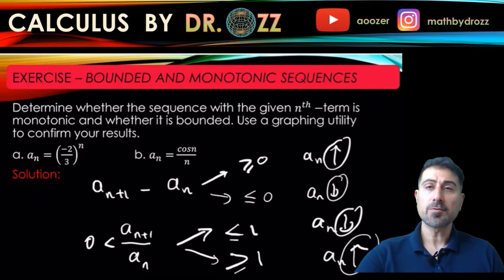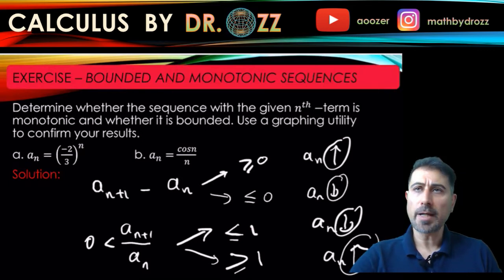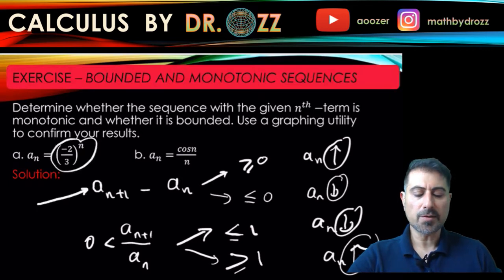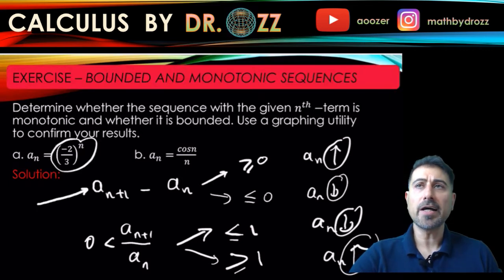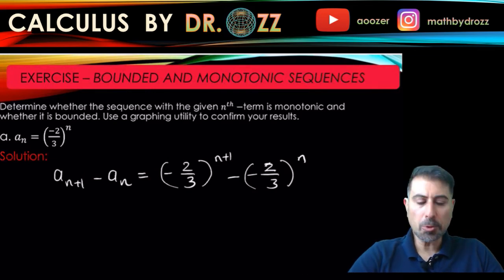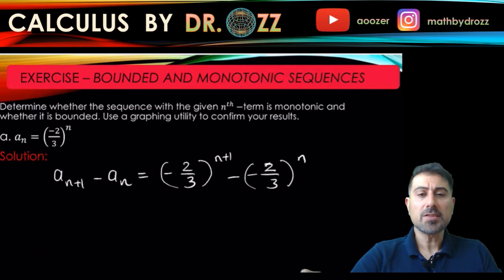So going back to this question, let's check which one is more applicable. I think this one is more applicable for this one because this one takes positive and negative values. So let's check the very first property. All right, so a_(n+1) minus a_n is equal to (-2/3) to the power of n plus 1 minus (-2/3) to the power of n.